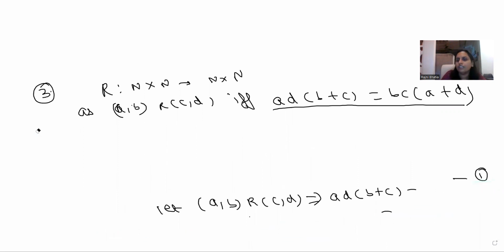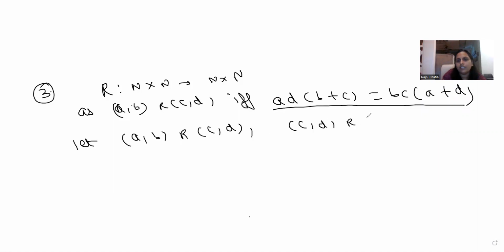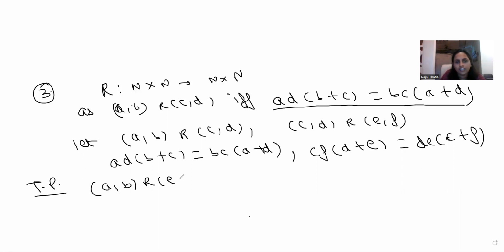इस क्वेश्चन का ट्रांजिटिव पार्ट देखते हैं कि हम कैसे सॉल्व कर सकते हैं. So we will write, let AB be related to CD and CD be related to EF. अब AB related to CD है, इसका मतलब AD into B plus C is equal to BC into A plus D. CD related to EF है, इसका मतलब CF into D plus E is equal to DE into C plus F. And we need to prove that AB is related to EF.